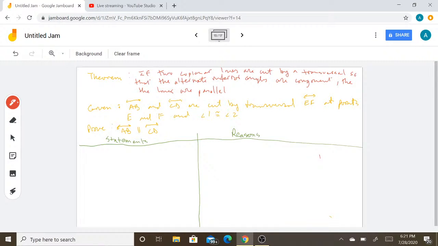So we can say that AB is not parallel to CD. And this is an assumption that we're making in order to prove this theorem.